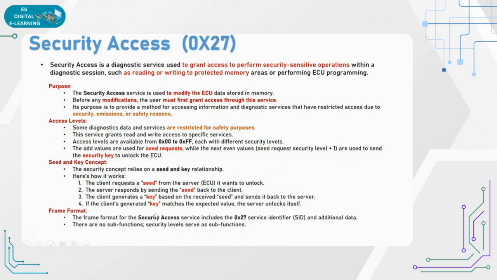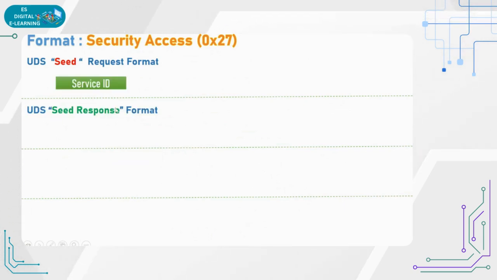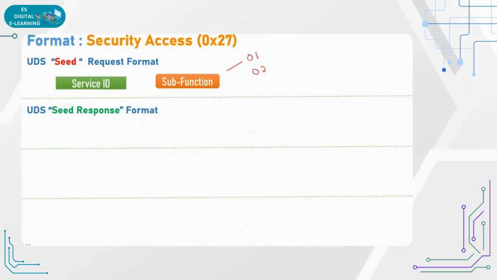So what is the format it follows? It has the service ID and the sub function. When requesting the seed, it follows the service ID and the sub function. The sub functions we have are 01 and 02. 01 is seed and 02 is key.